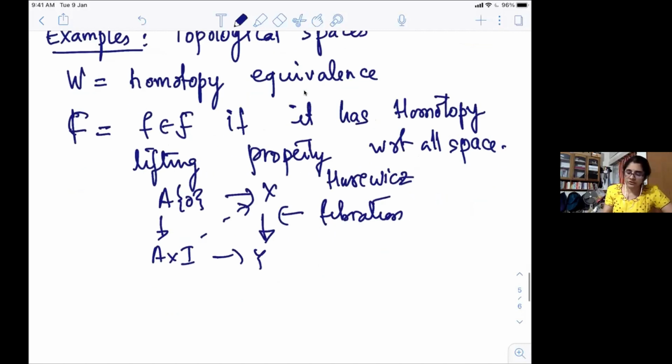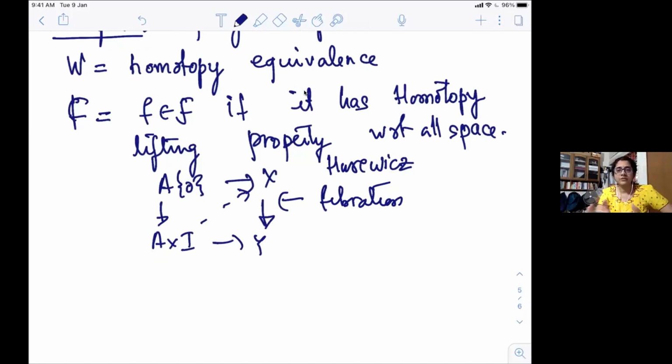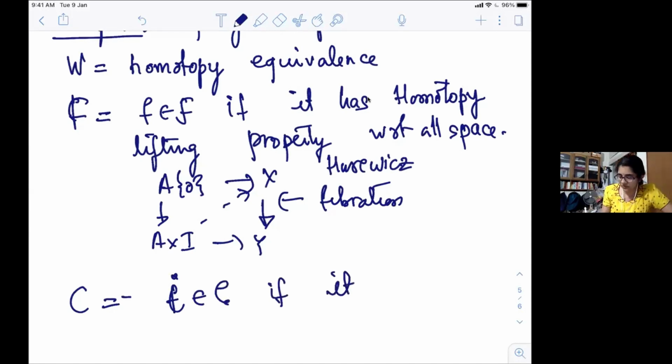So Samik talked about how the cofibrations were supposed to be these morphisms which have, ideally dually, the homotopy extension property.